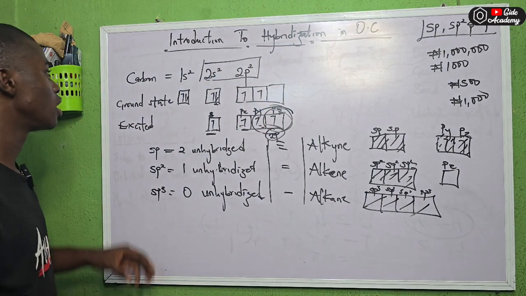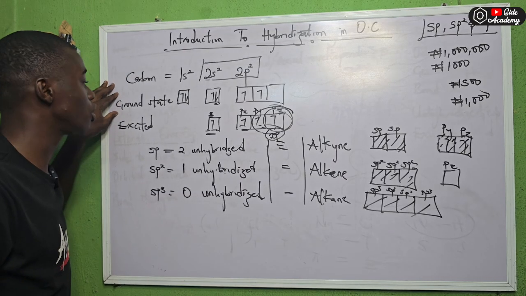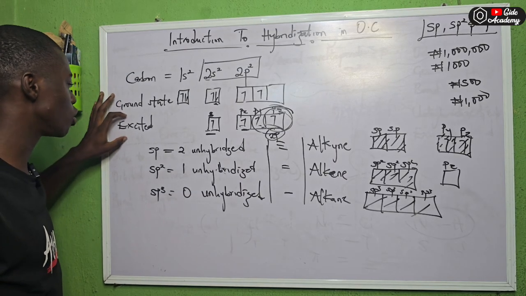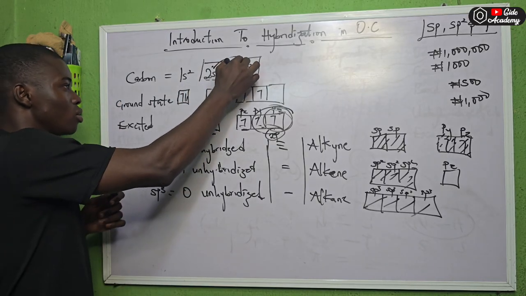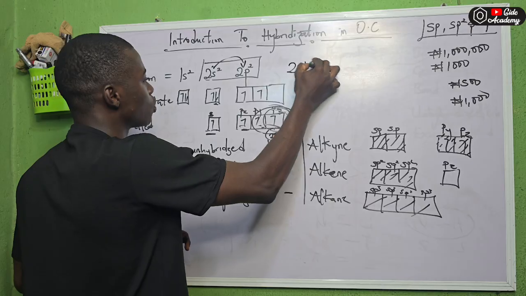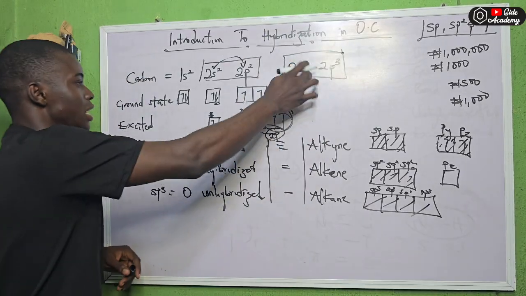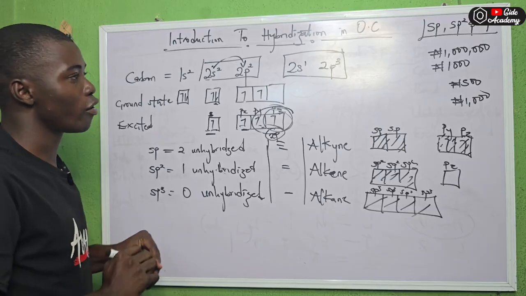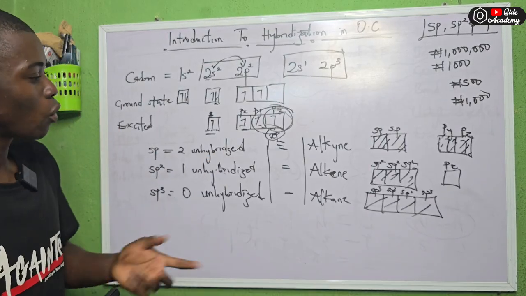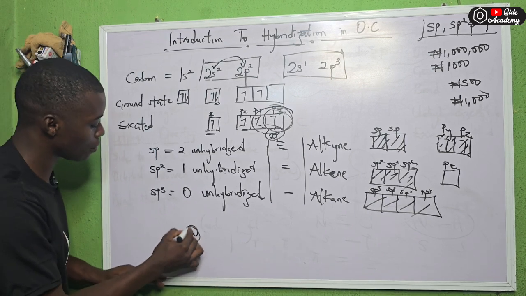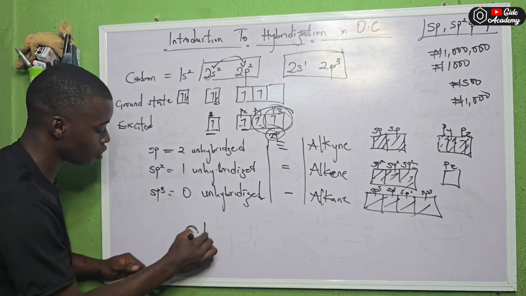But take note, you have to write the electronic configuration of carbon, you have to write the ground state configuration, then for it to move on to the excited state, whereby one of the electrons will be promoted from the s orbital to the p orbital, to give us 2s1, then 2p3. So this is the excited state electronic configuration. For those WAEC and JAMB students that are watching this particular video, a question might even come like this in your exam. Which of the following is correct for the ground state electronic configuration of carbon?